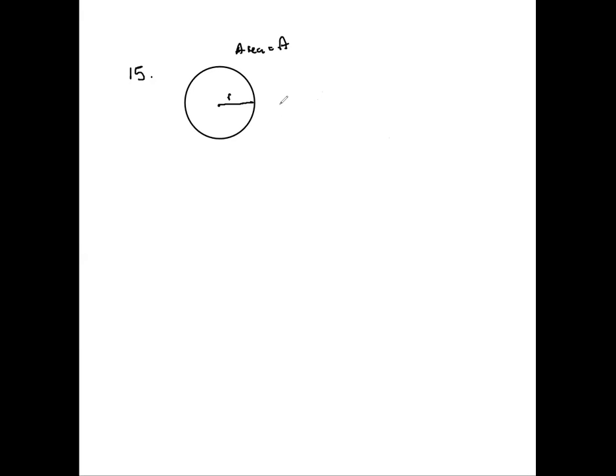So let's start with the way that I sort this when I'm solving any problem like this. I say, this is what I know. What is an equation that I have that can relate area and the radius of the circle?